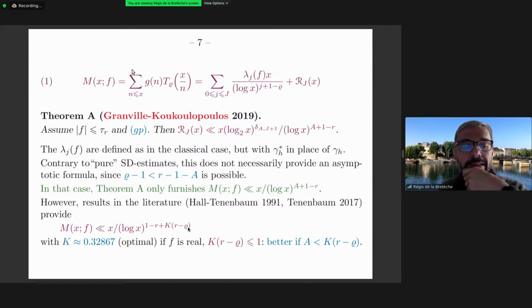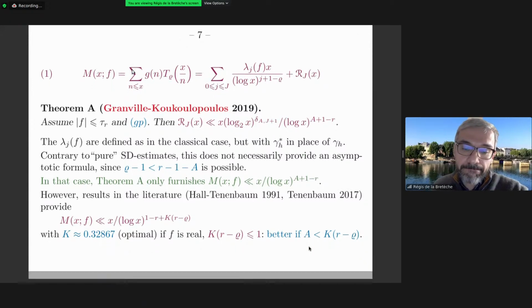And so the K is a constant. If f is real, the optimal result is 0.328 and so on. So this means that this upper bound is better than the Granville and Koukoulopoulos result for small capital A, for capital A less than capital K times r minus rho.